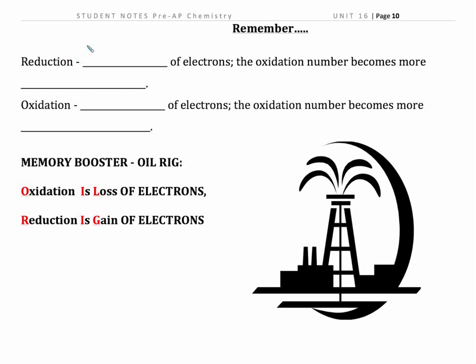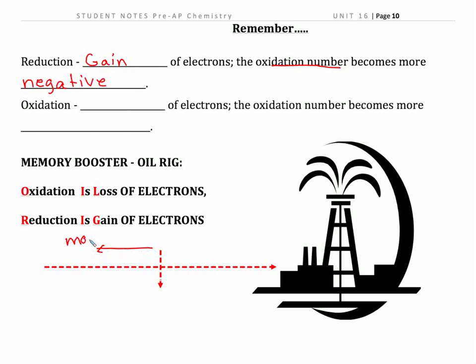Just as a brief reminder, reduction is the gain of electrons. So the oxidation number becomes more negative because you are gaining electrons. If you drew a number line, since electrons are negative, when a substance becomes more negative, you've given it those negatives.